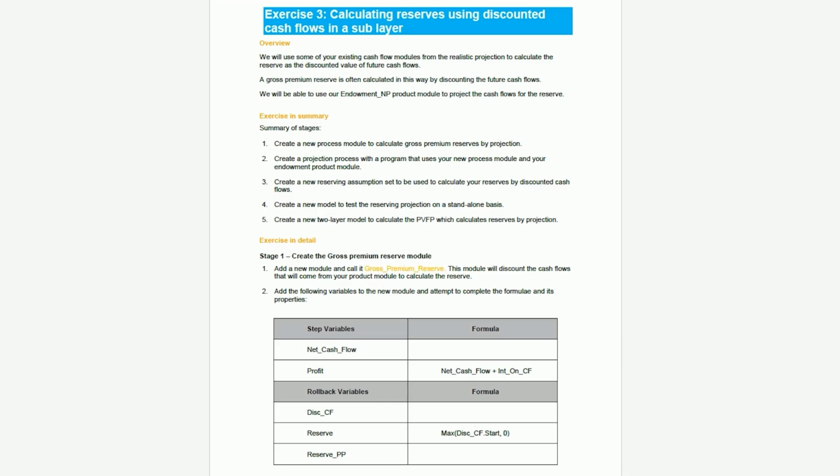Step number 4, create a new model to test the reserving projection on a standalone basis. Step number 5, create a new two-layer model to calculate the PVFP, which calculates reserves by projection. Try completing the instructions provided in the exercise before viewing the solutions in the next video.